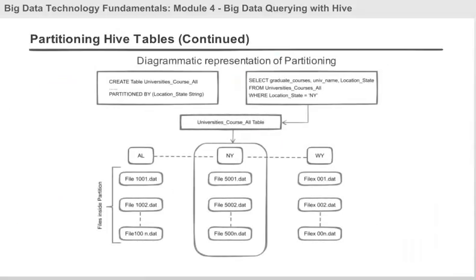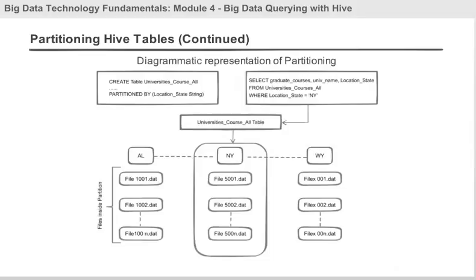In this example, common reports and queries might be generated based on the location of universities. For example, we might want to query details about graduate courses available in the state of New York from a centralized table holding data about all graduate courses available in the U.S. If we define location state as a column partition during table creation, then data gets categorized using this partition.